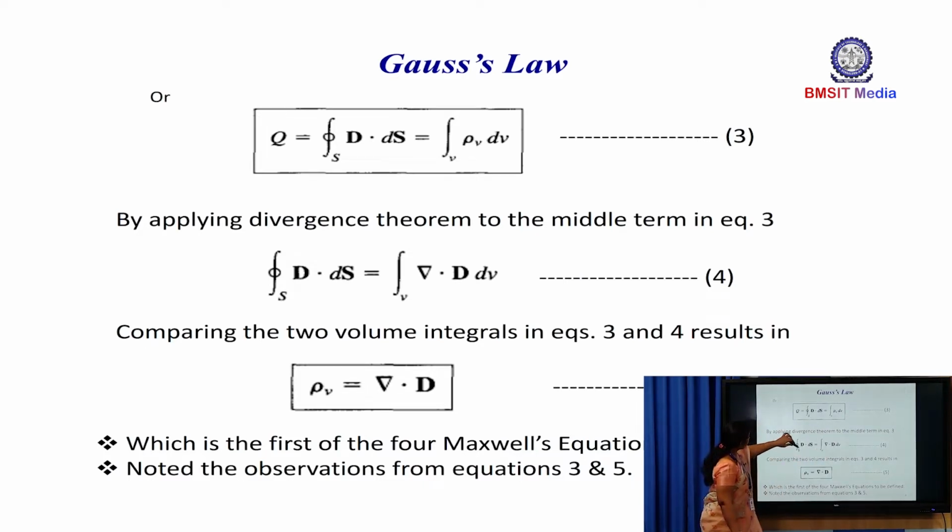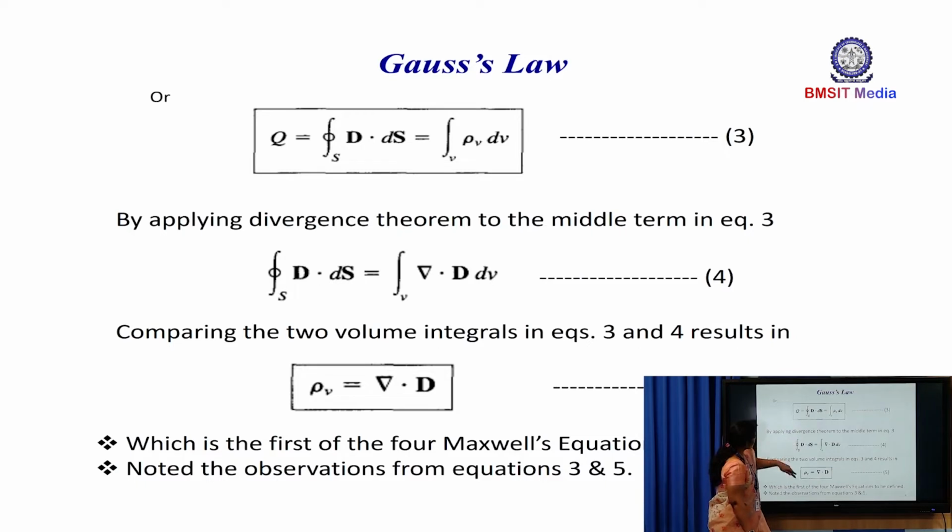By comparing these two equations over the volume, the integration gets cancelled, so you have rho v equals del dot D. Looking at this equation, it states the first of the four Maxwell's equations, which will be defined in future.